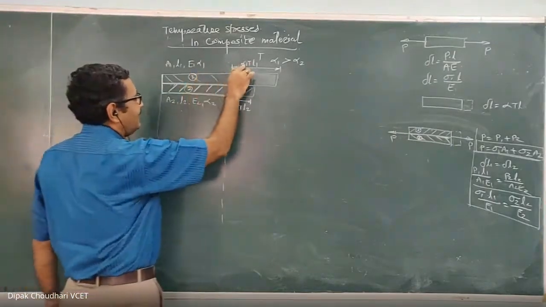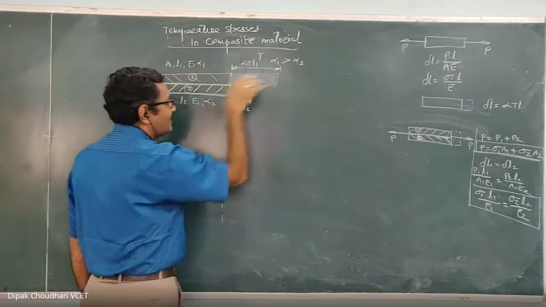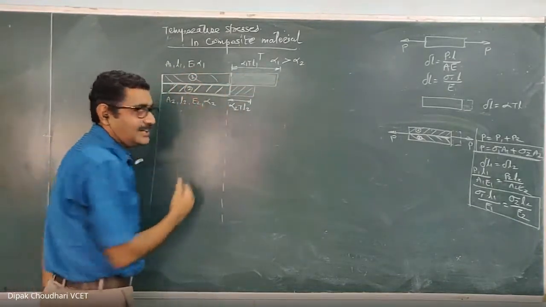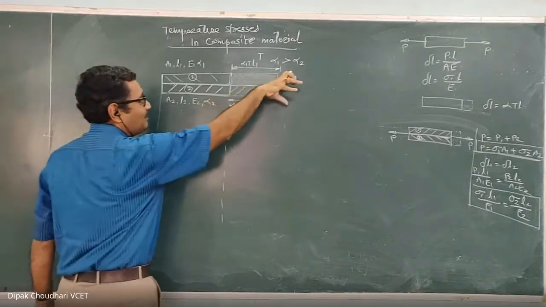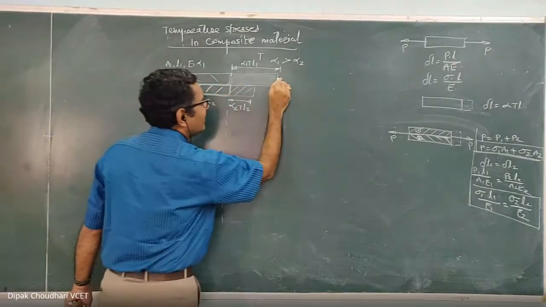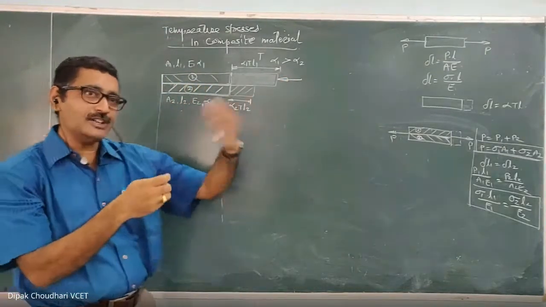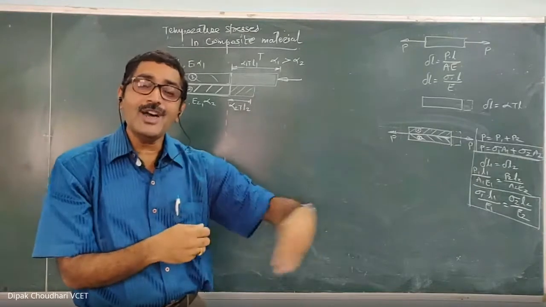Since alpha 1 is greater than alpha 2, material 1 will try to elongate more. But since material 2 is rigidly connected to material 1, it will pull this material backward. Means material 2 will apply a reactive force on material 1. It will not allow it to elongate freely.